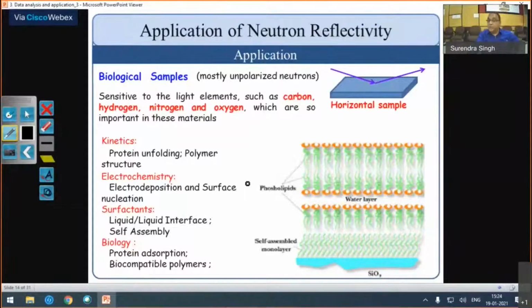If you do neutron reflectivity, you will specifically see what this layer is, whether it is carbon, hydrogen, nitrogen, what is lying in this region, and in that region. All these things you can distinguish from neutron reflectivity. So it is very important to study biological samples with neutron reflectivity.